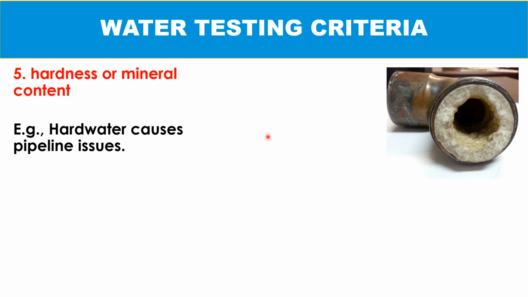Hard water can cause this pipeline issue. As I mentioned to you, the flow rate will go down as a result, but the pressure itself will build up, which can cause a significant problem when it comes to a winter season below the freezing point.